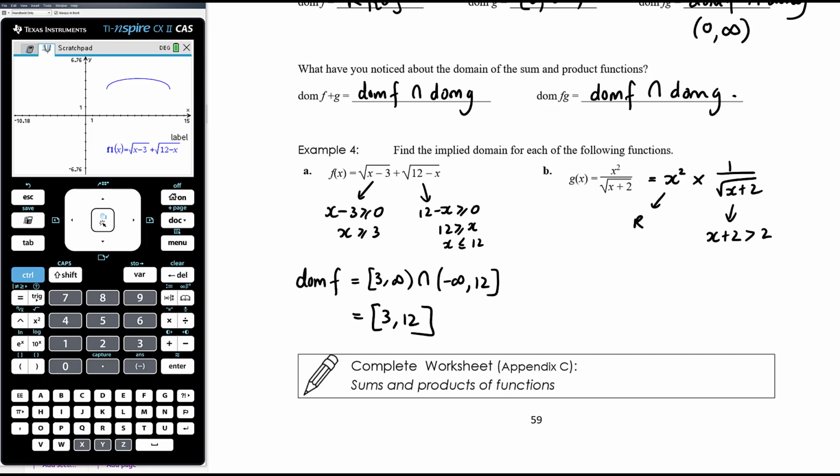So x plus 2 has to be bigger than 0 in this instance, which means x is bigger than negative 2. The intersection of those two things, well, one is R, so it's really just about this domain. So the domain of g in this case is the intersection between R and negative 2 to infinity, which is just negative 2 to infinity.